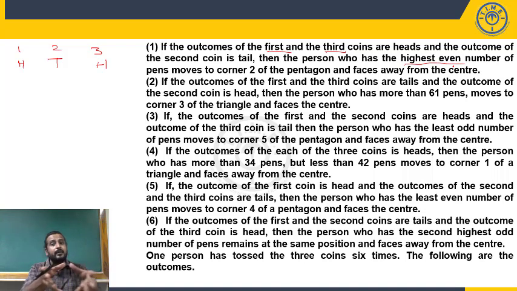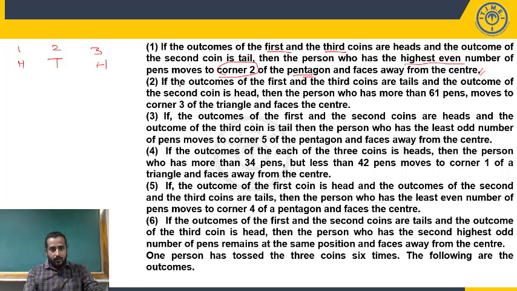Earlier we already placed them in a circle, and also identified how many pens each person has. From there you can get this information: the person who has the highest even number of pens moves to corner 2 of the pentagon. So we need to follow this instruction, and faces away from the center.